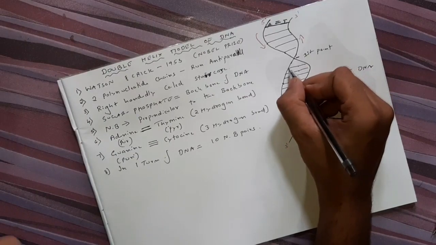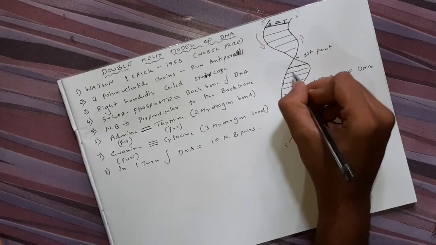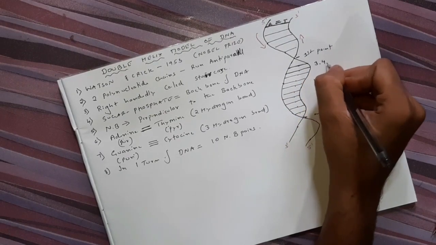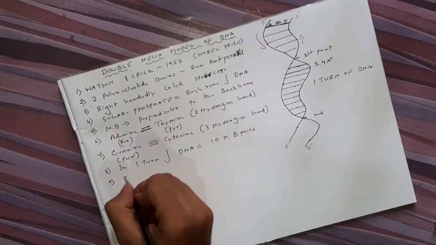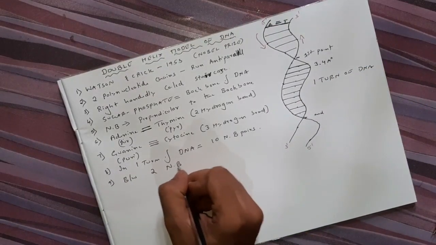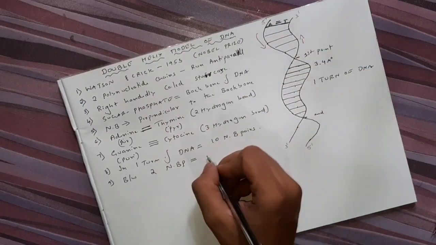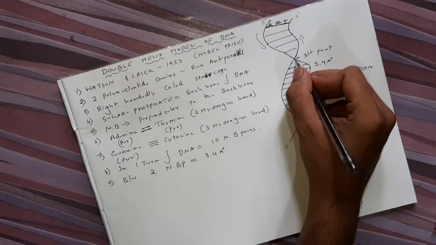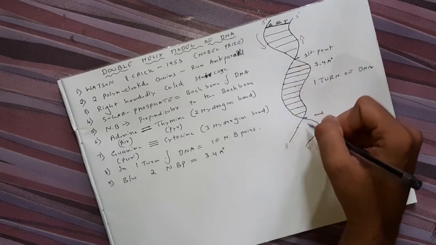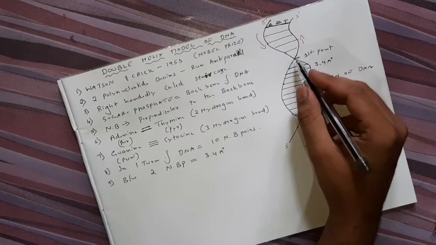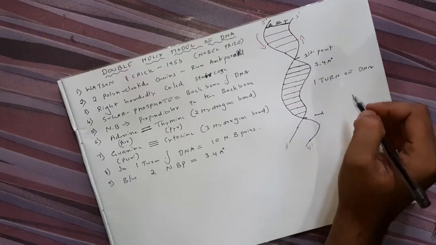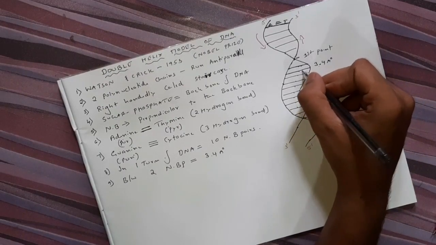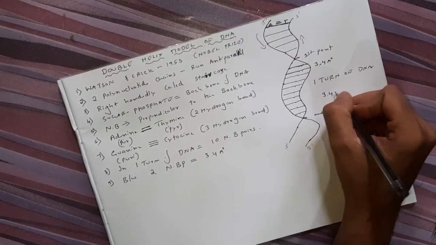Between two nitrogenous base pairs, this is one base pair and this is the other base pair, there is a distance of 3.4 Angstrom units. So can you please tell me now, what is the total distance from the starting point of the DNA to the end of the DNA in one turn? 3.4 is the distance between two base pairs.